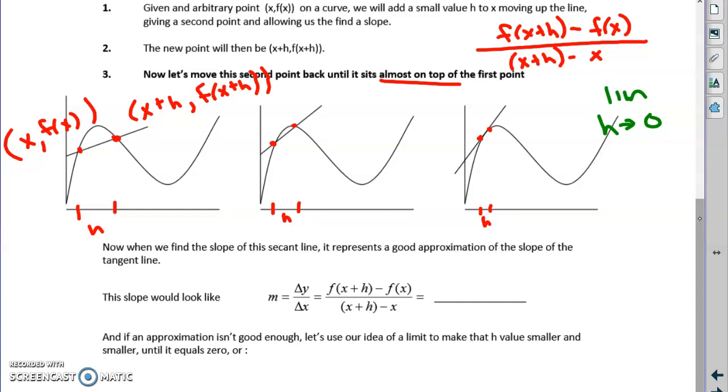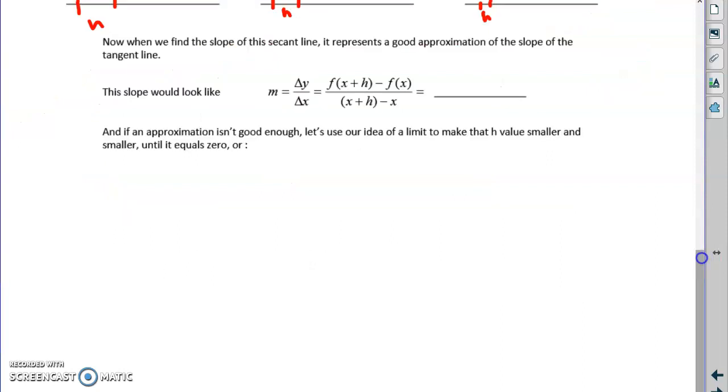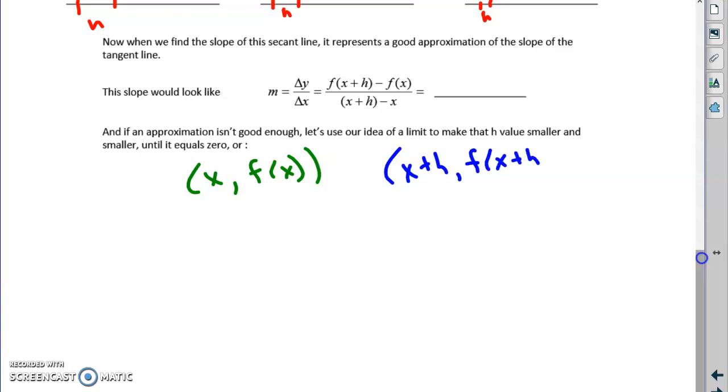To change a secant line to a tangent line, we're going to take this x point, this first point, pardon me, x comma f of x. We're going to take this second point, x plus a little, f of x plus a little.